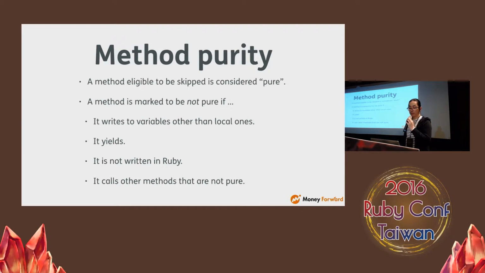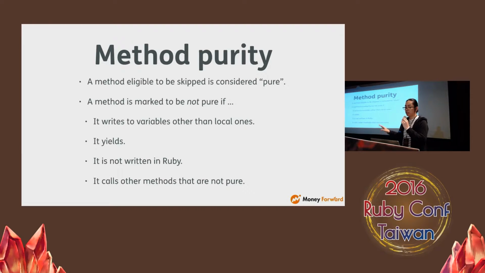So in this optimization, let us call a method pure if it's safe to be eliminated. The line is drawn like that. If it writes a variable other than local one, like global one or instance variables, then it's not a pure function. When it calls a block, it's not pure because the purity depends on the block.